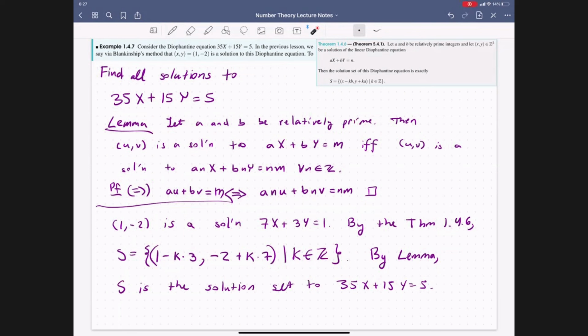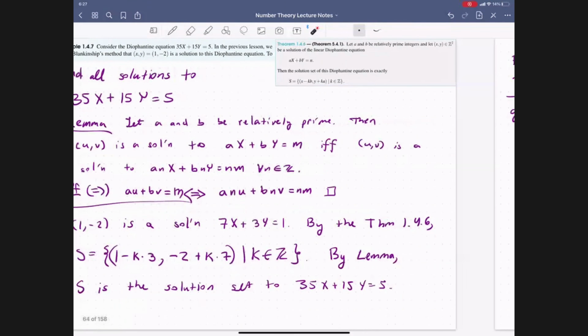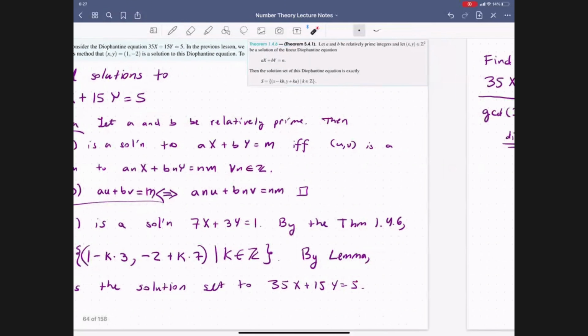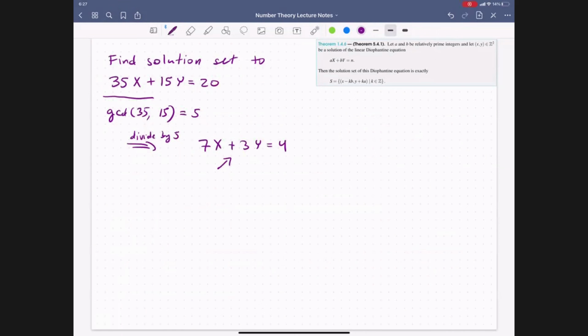And so, just as with the example that we just did, all we have to do is apply the theorem to find the solution set of this, which in this case, well, first off, we need a solution. In this case, we can eyeball it and see that the solution 1 comma negative 1 is a solution.